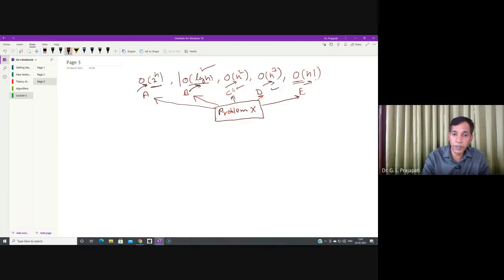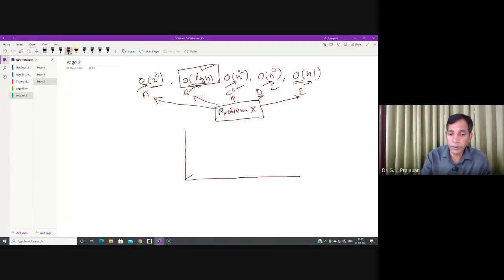We will prefer algorithm B because its behavior is what? Order of log n, because we know the nature of this group and the rate of growth of log n is very small as compared with the others.